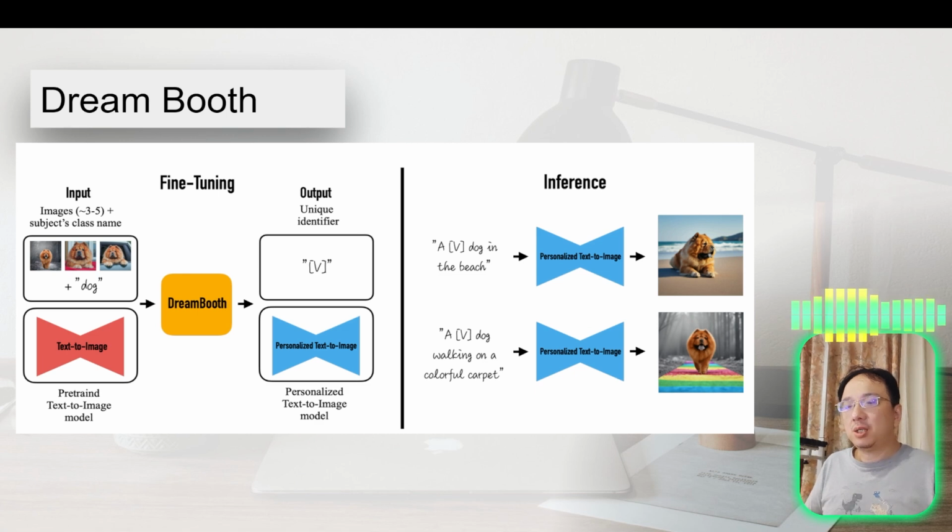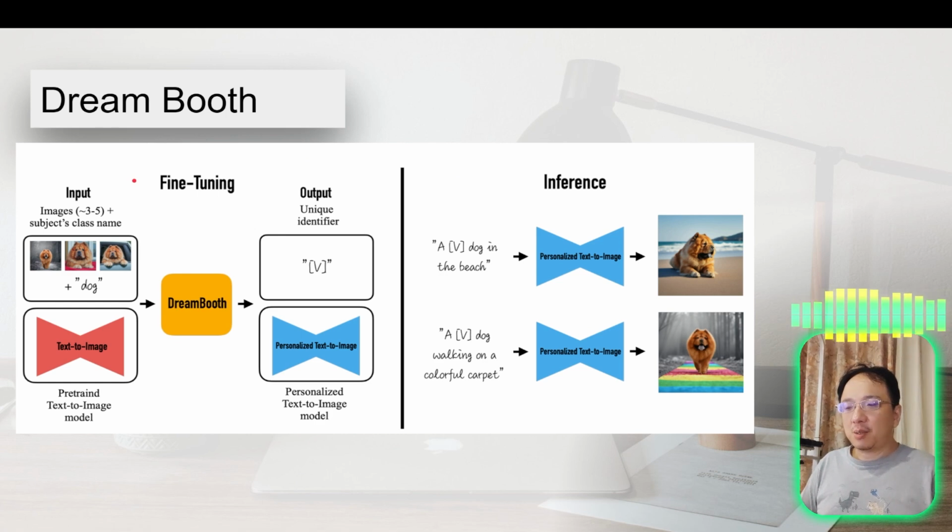It was originally developed by a Google team, and originally it was applied on Imagen. That is a text-to-image diffusion model developed by Google. But very soon it has been adopted and used on Stable Diffusion as well.